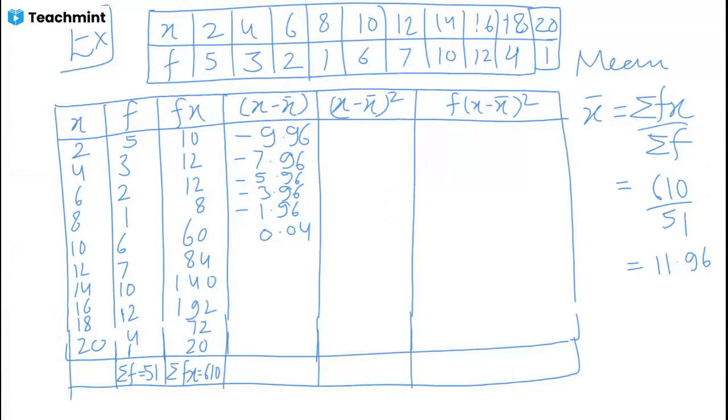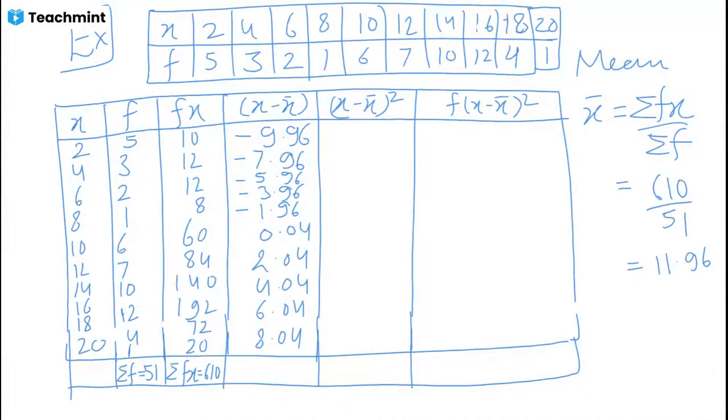And then from 14 we have 2.04. Okay, again from 16, when we subtract this, we have 4.04, and from 18, 6.04, and from 20, 8.04.